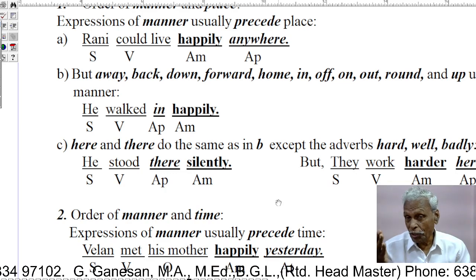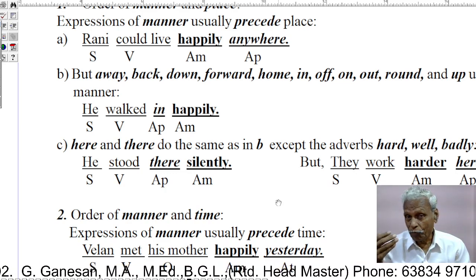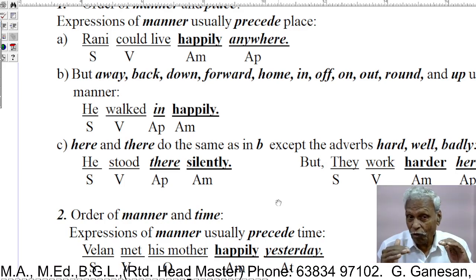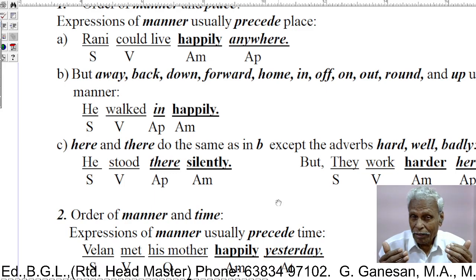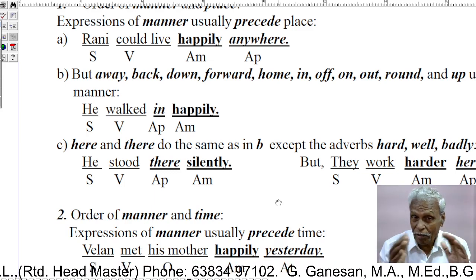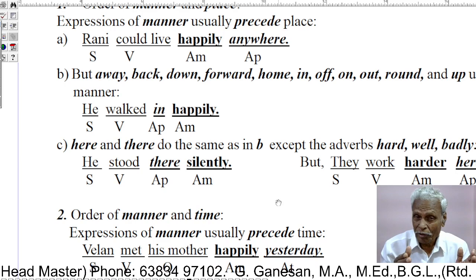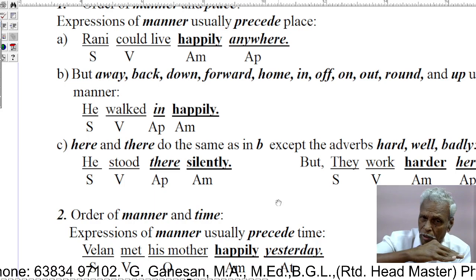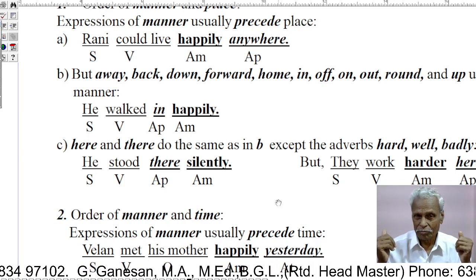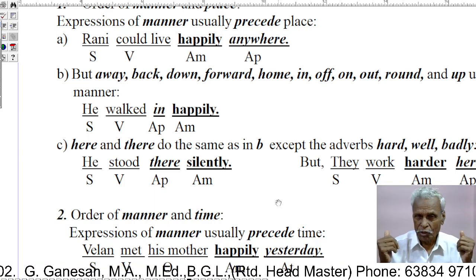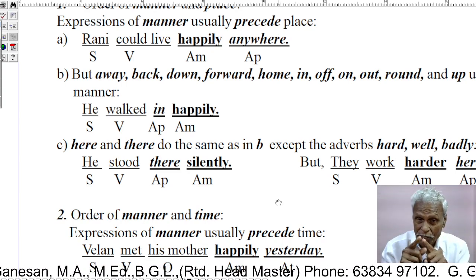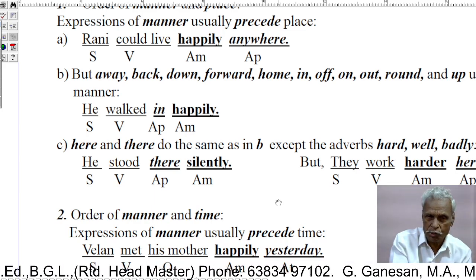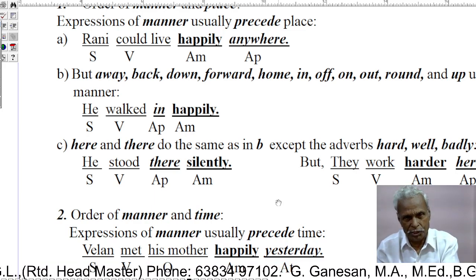Except the adverb: when here and there come with adverbs of manner, they should be placed as in the case of be. That is, place should be placed first and manner next.